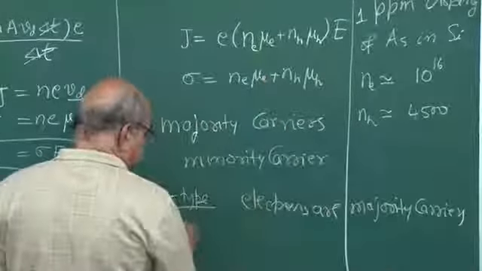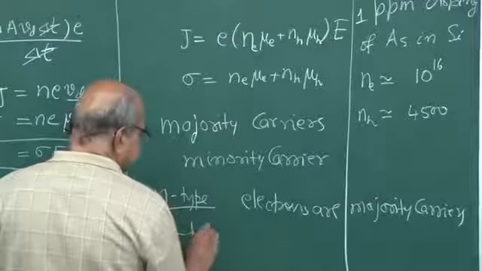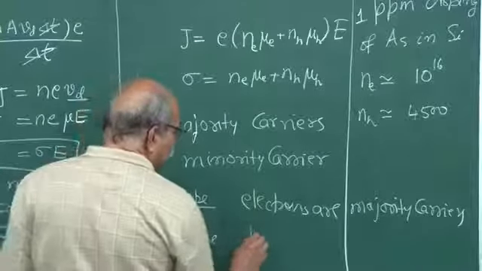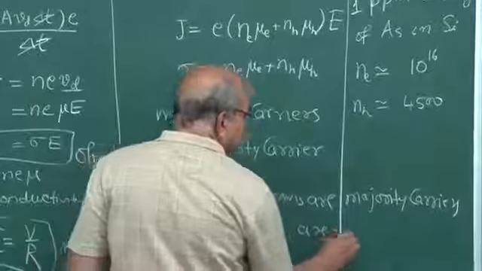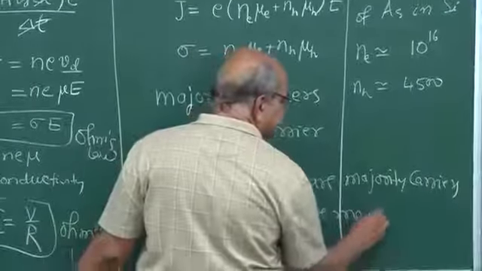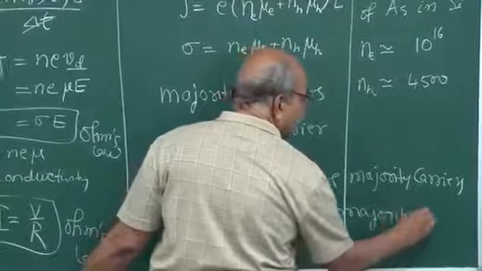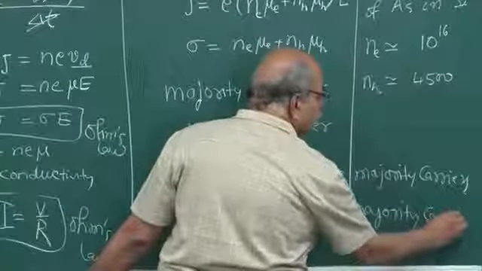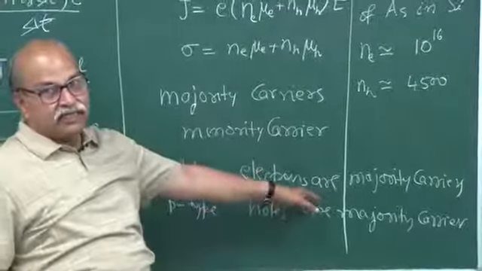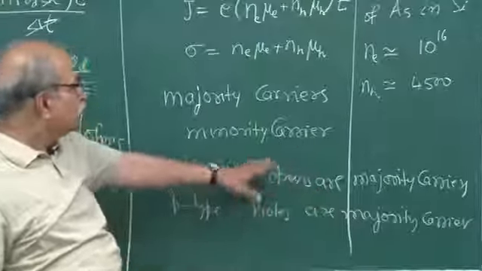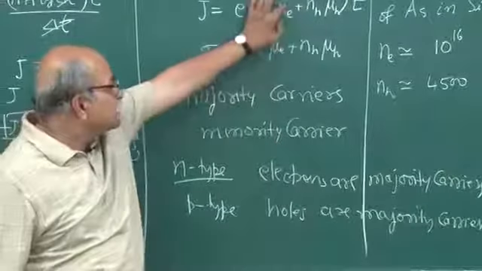And for p-type, these holes are majority carriers. And the other one is a minority carrier.